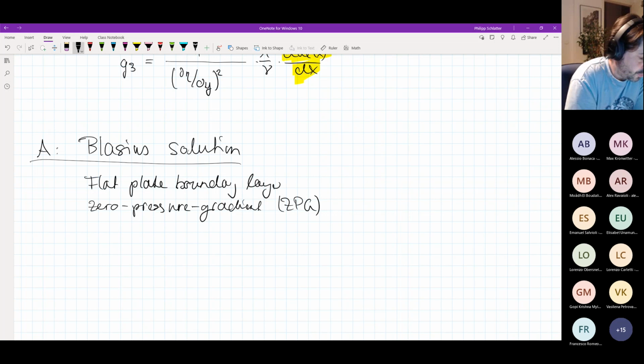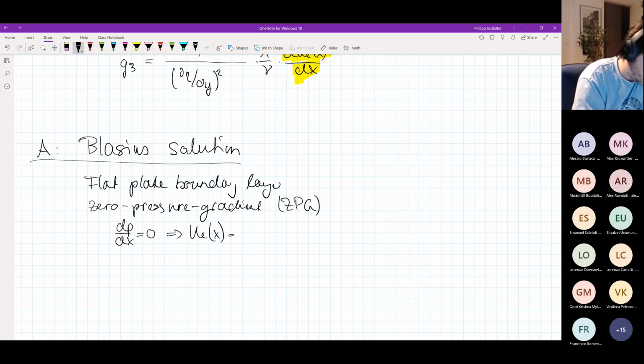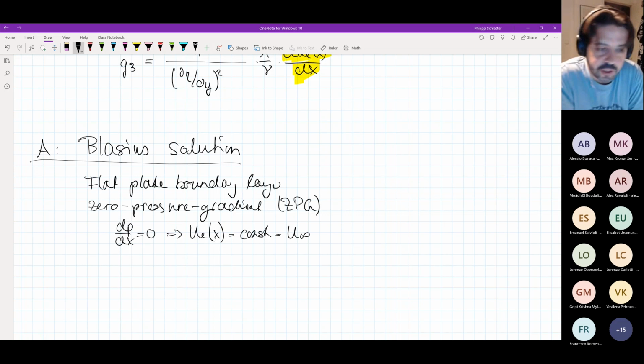Zero pressure gradient, of course, means dP dx is zero, and dP dx, now using the Euler equations, means that u of x is actually constant. And because it's constant, we can just call it u infinity, which is the typical variable that we use for zero pressure gradients.